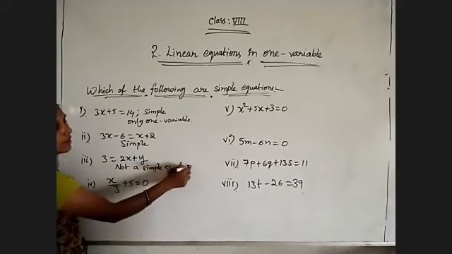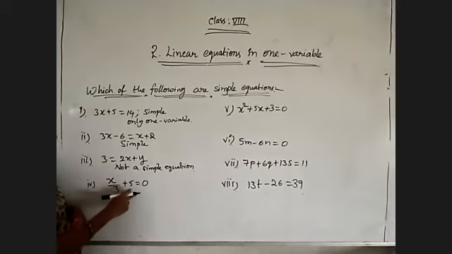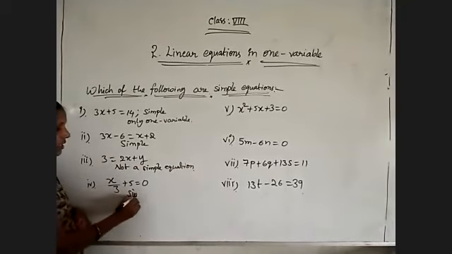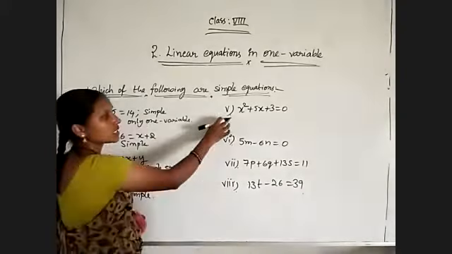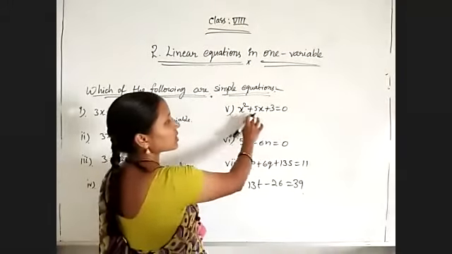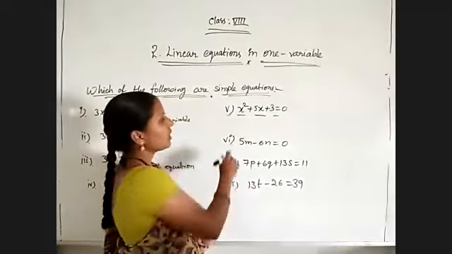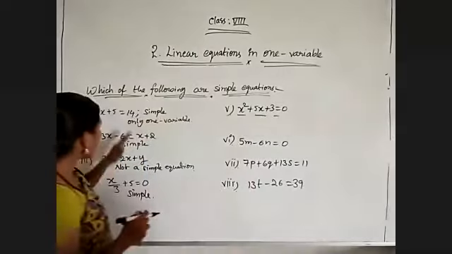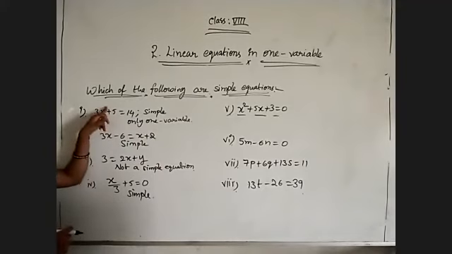Only one variable we have to get. So x by 3 plus 5. This is also a simple equation because only one variable is there, that is x. Coming to the fifth question, x only we have here, x square, x and so on. Coming to these examples, the first one has only one variable and the degree of that variable is also 1.